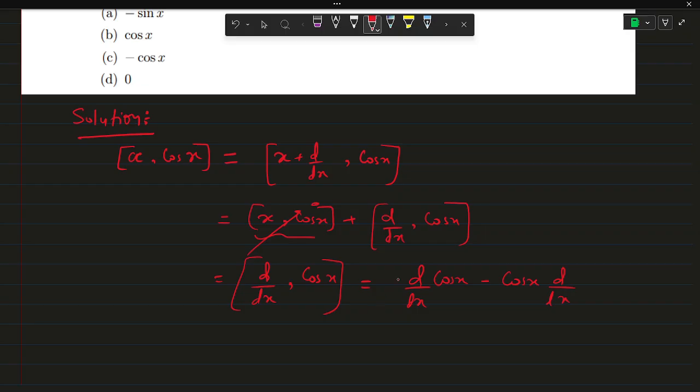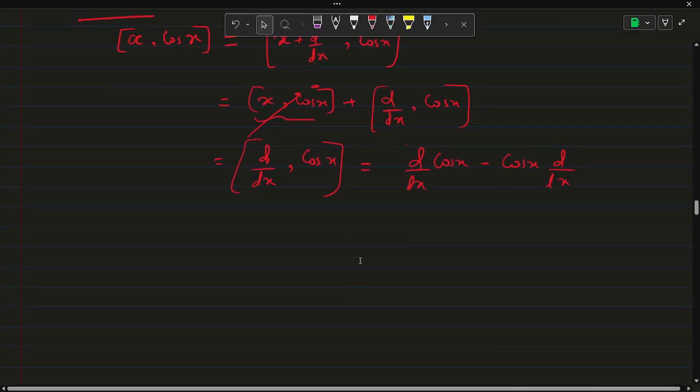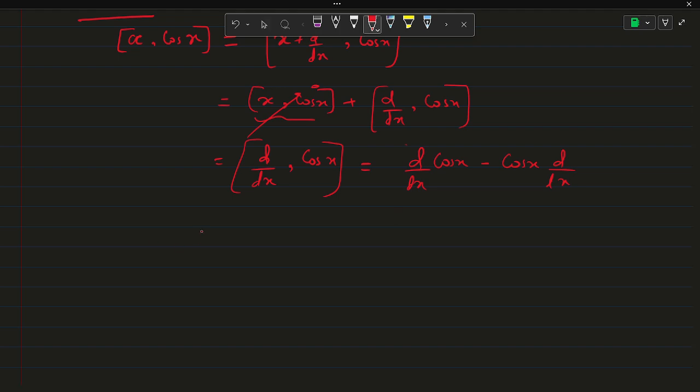Similarly, to solve this operation, we will apply it on a wave function, then we will get the solution. Let's take an arbitrary wave function psi.